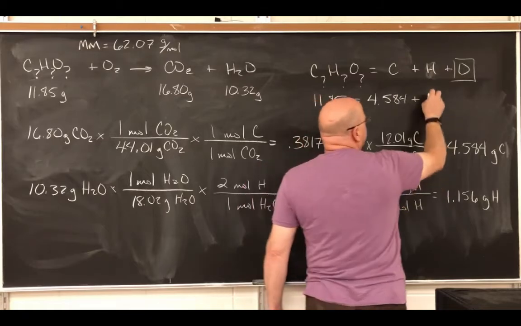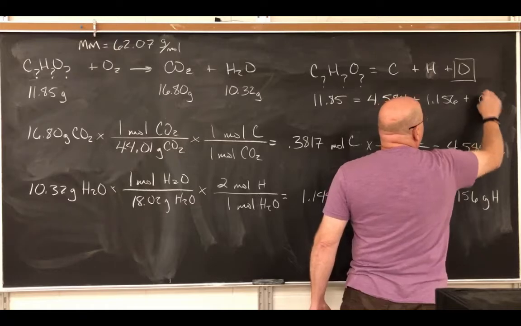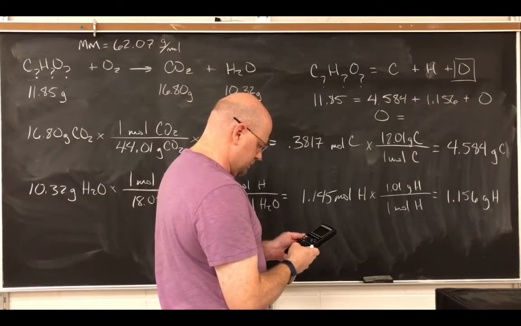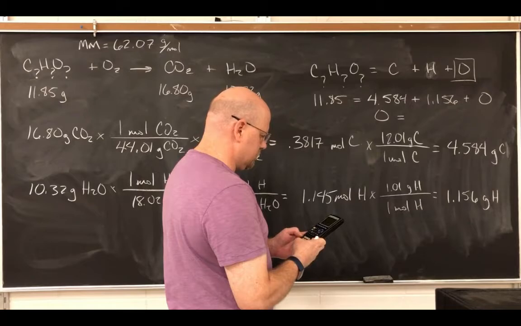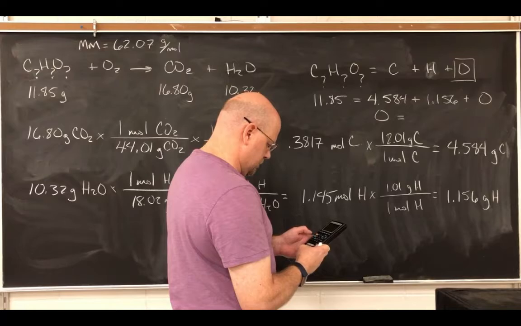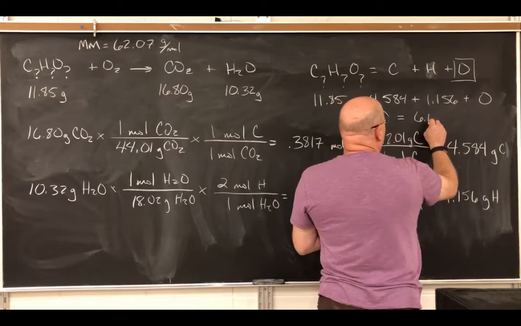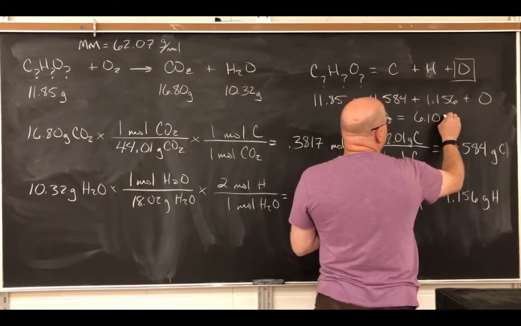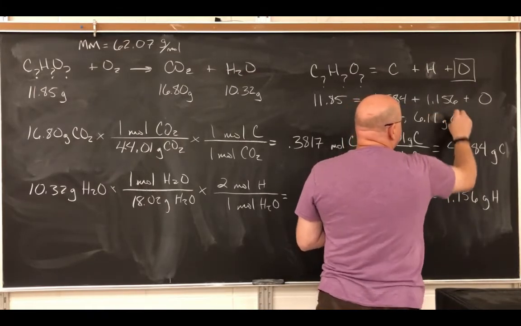We know the mass of hydrogen was 1.156. Oxygen mass is going to equal, actually going to be 6.11 grams of oxygen.